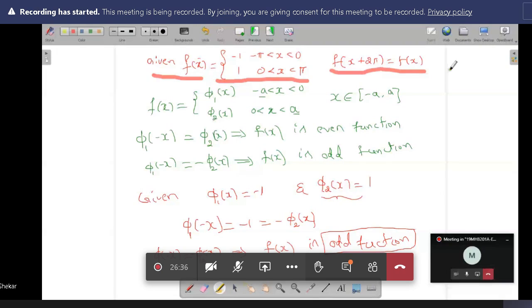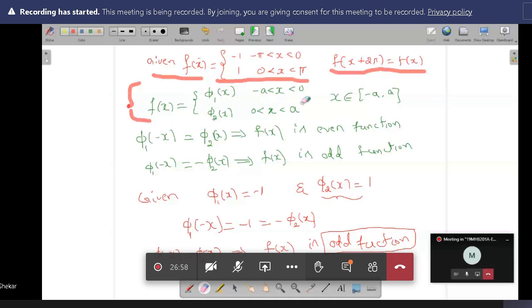As we saw in the previous class, we have defined odd and even functions for a given piecewise function, that is f of x equal to phi1 of x in the interval minus a to 0 and phi2 of x in the interval 0 to a.